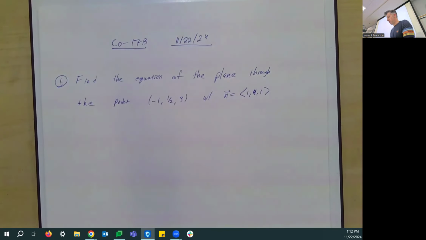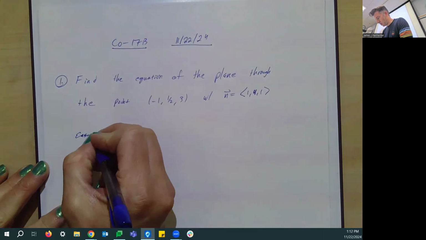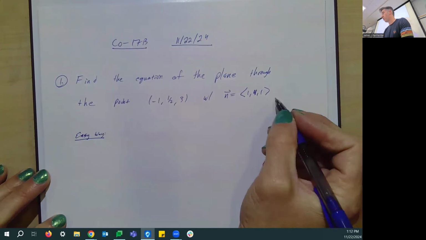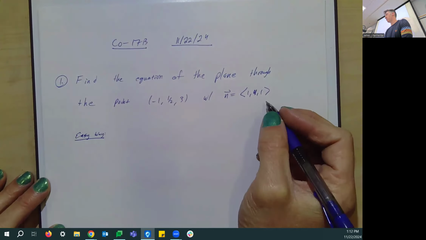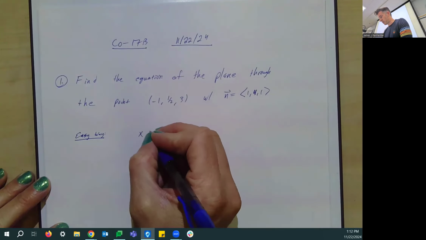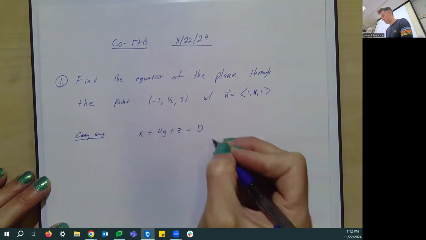All right, close enough. So here's the easy way to do this. The easy way is to remember that the components of the normal vector are the coefficients of your variables in your plane equation. So we should get something like x plus 4y plus z equal to some constant.